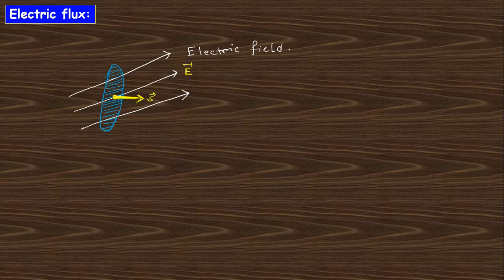If you want to know the component of electric field along the surface, what will be the value? If this is E and this angle is theta, then the component of E along the surface will be E cos theta.